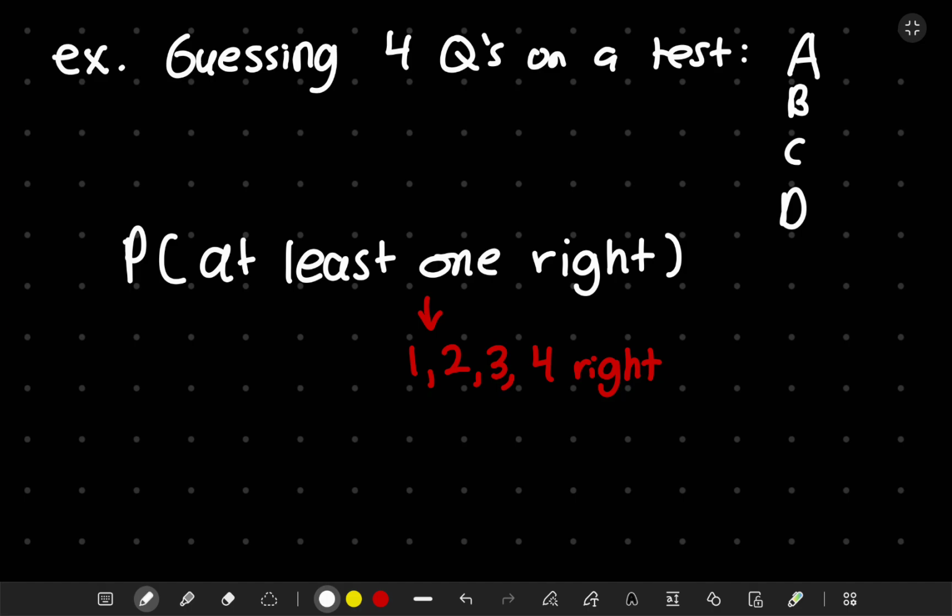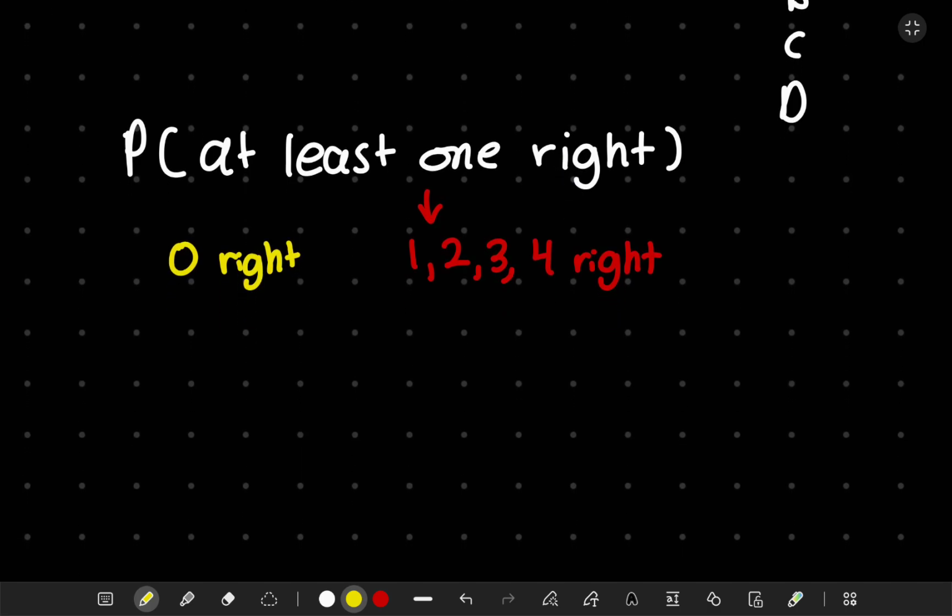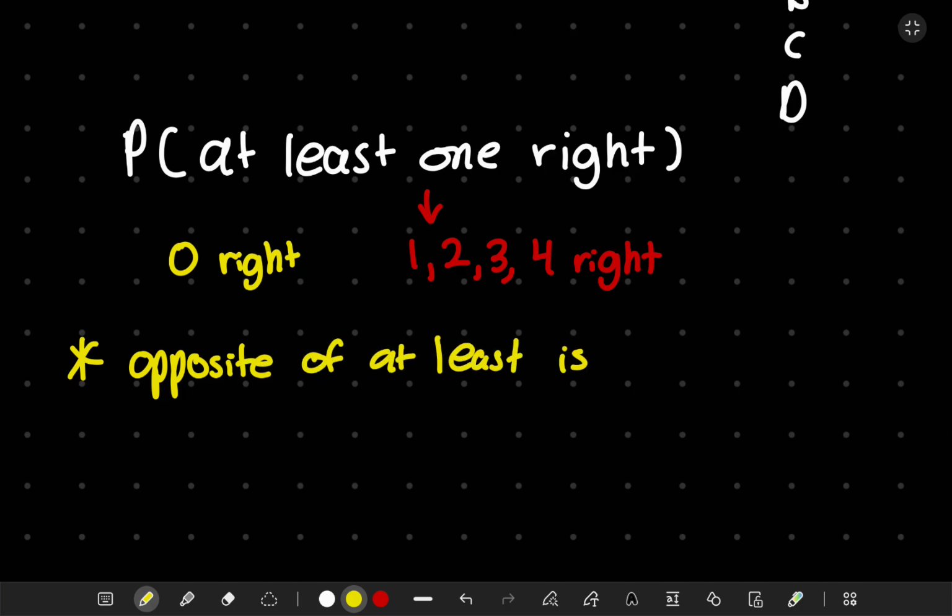Anytime I see the words at least, I think of the opposite. If I get 1 or 2 or 3 or 4 right, then the opposite is getting none of them right, so 0 right. I'll write this as a note: the opposite, kind of like the idea of not, of at least something is none.